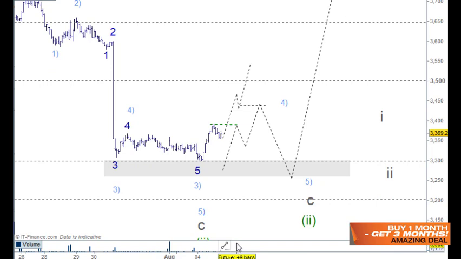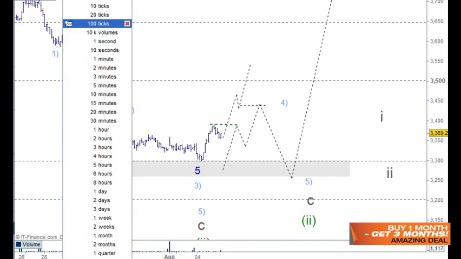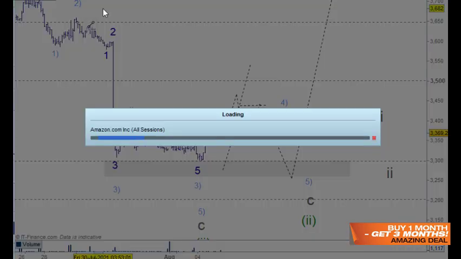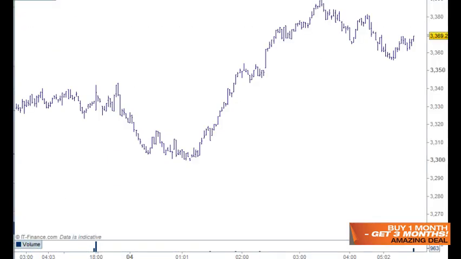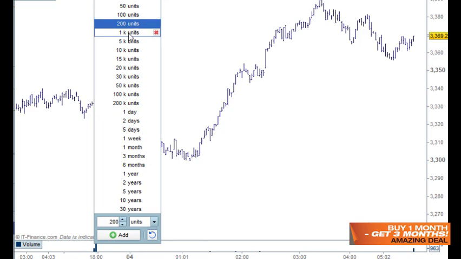And the other reason I think it's worth having a crack at it is because if the Nasdaq's going to push up like that, and the S&P going into those 3rd waves or whatever, then it's probably likely that some of these bigger stocks will be heading in that direction as well, dragging those indexes up. So let's just go into 10 tick chart and have a look at this here for a bit.